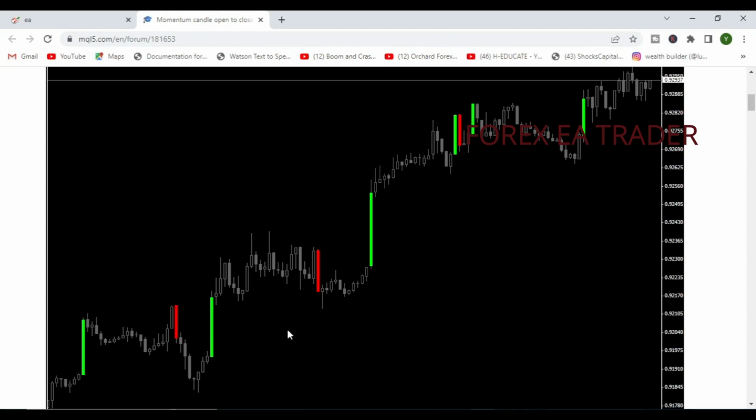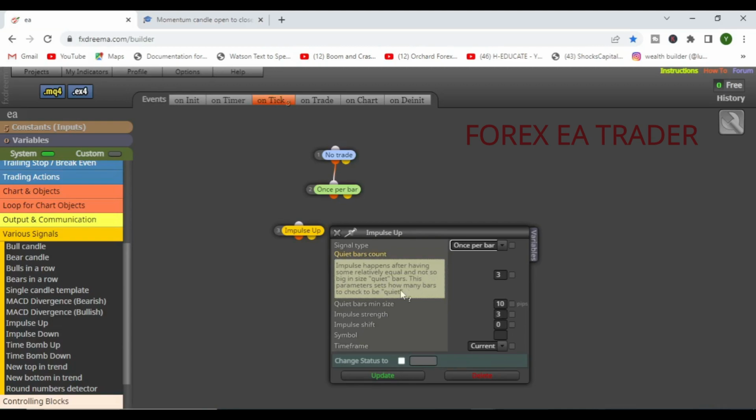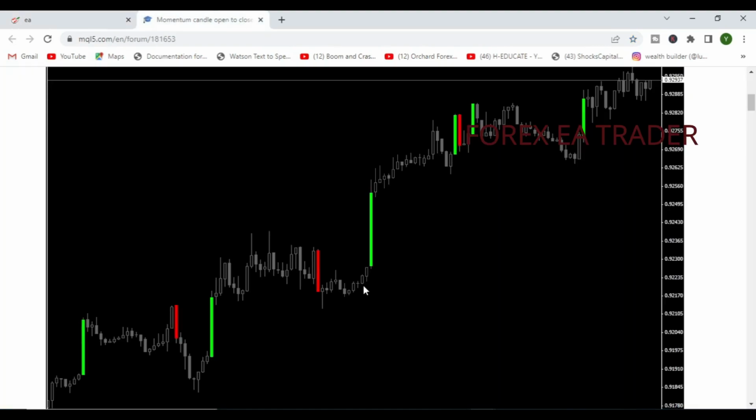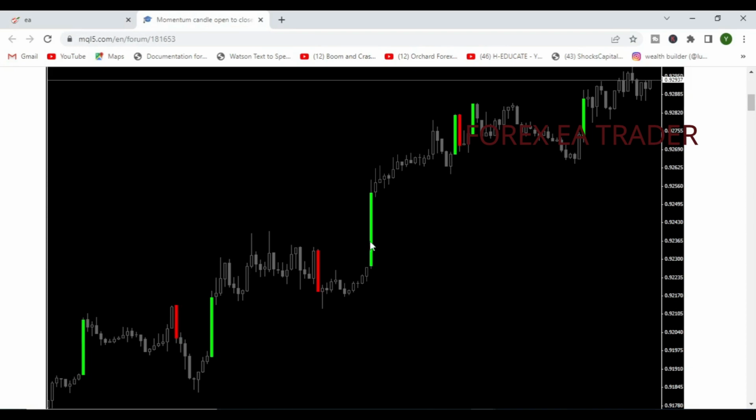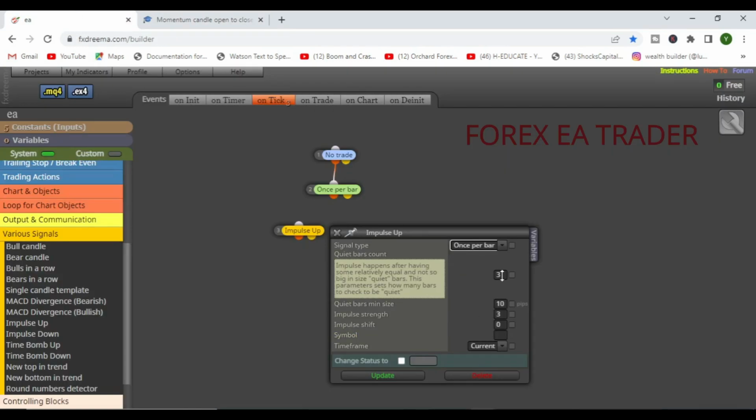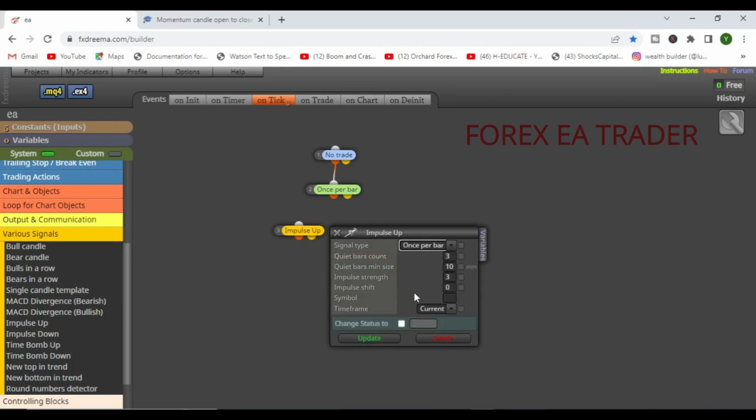Maybe average out what you consider the quiet bars according to the pair that you are trading and the time frame that you are trading. So here, the number of quiet bars before the momentum candle, that's what we want to tell the robot. Here it's set at 3. So we are saying after 3 quiet bars, and then we get a momentum candle, we want to buy. You can leave it at default, which is 3.